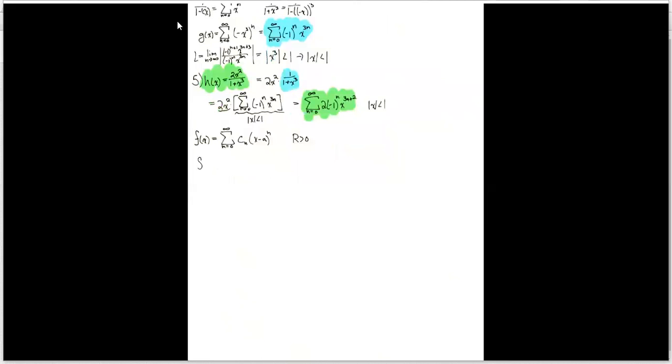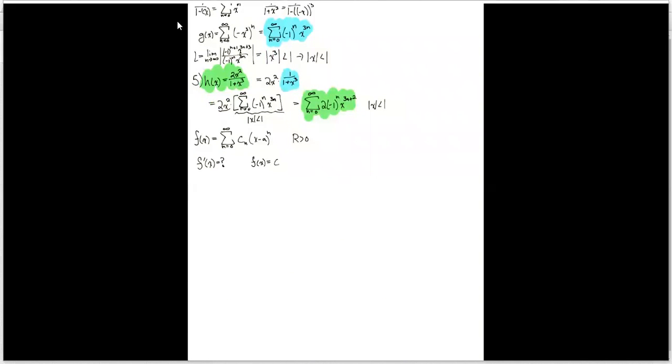then what do we have for the derivative of f of x? Well, let's take a look at f of x expanded out. So let's write out the first few terms.